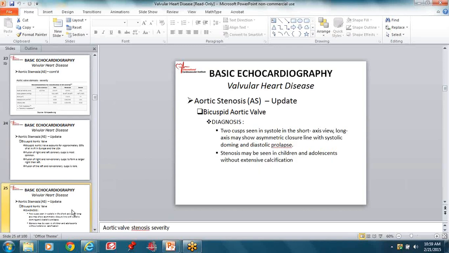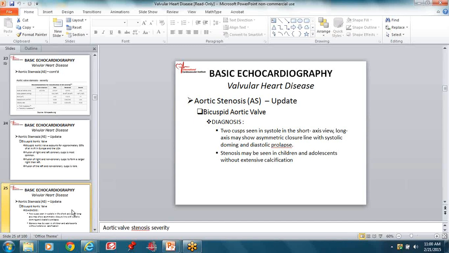So, Greg. Yes. So, bicuspid aortic valve, the diagnosis. You have 2 cusps instead of 3. But remember, when it's in diastole, the raphe will give the impression that there are 3 cusps. So don't assess bicuspid aortic valve only in diastole. Look in systole. Two cusps are seen in systole in the short axis.